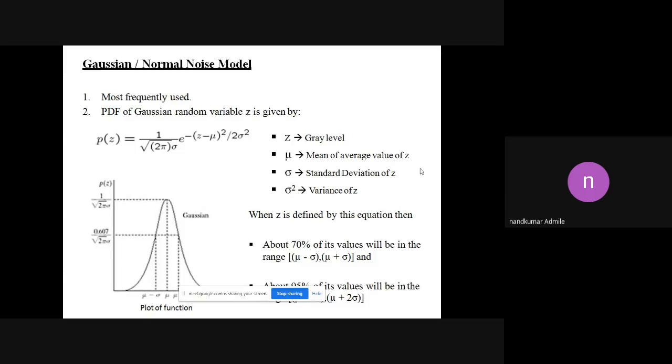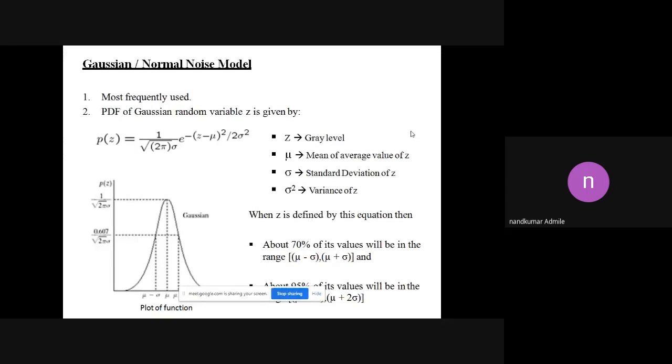If we observe the plot, the Gaussian noise can be presented at the center of an image. For example, take a 256 by 256 image.